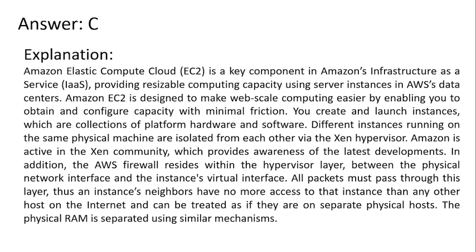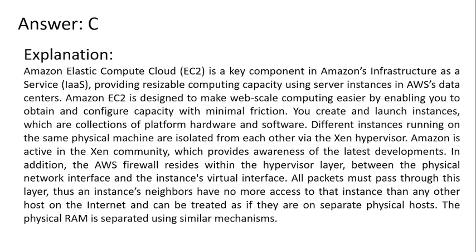Amazon is active in the Xen community, which provides awareness of the latest developments. In addition, the AWS firewall resides within the hypervisor layer between the physical network interface and the instance's virtual interface.